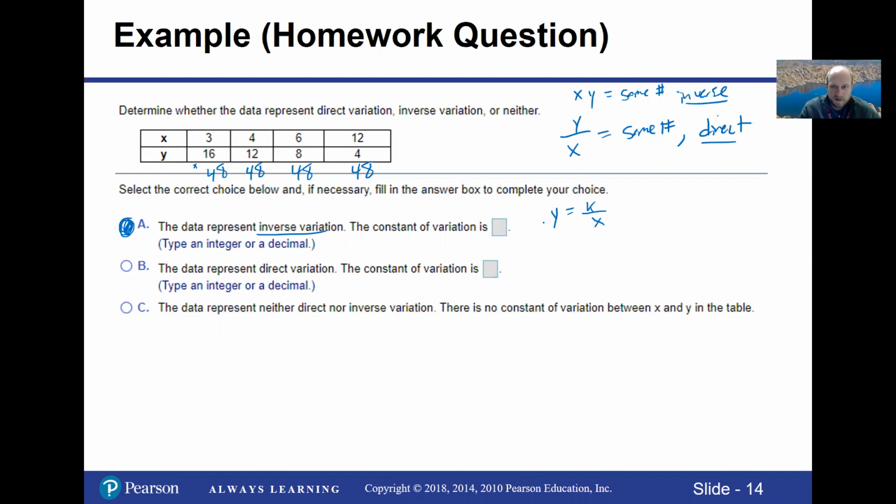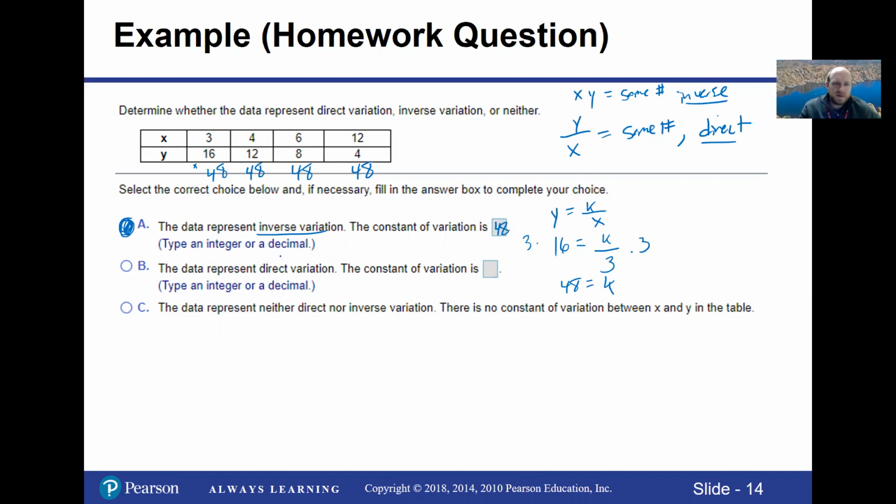So y, let's do this first one, 16. X is 3 in that case. Let's times each side by 3, and that's 48. So it's just this number 48. I was just showing you the longer way to do it.